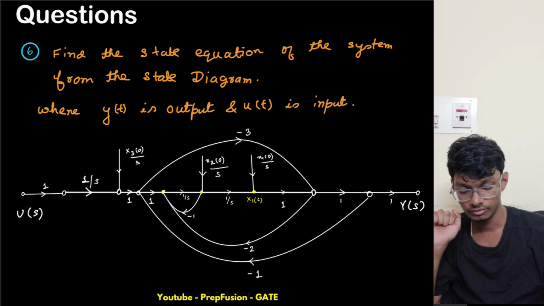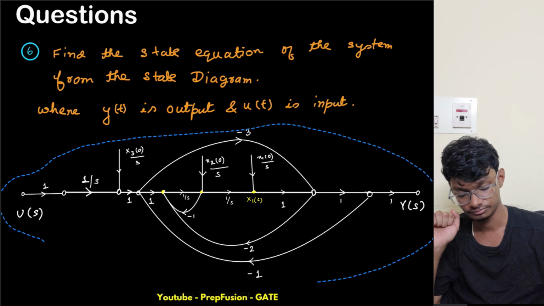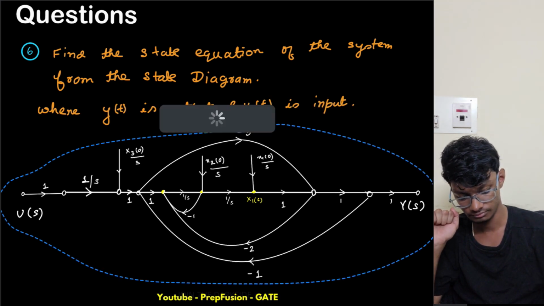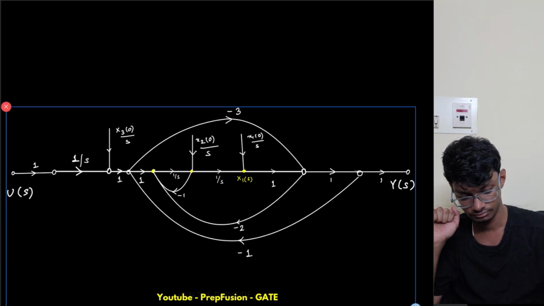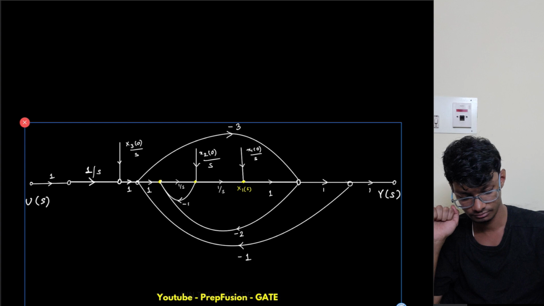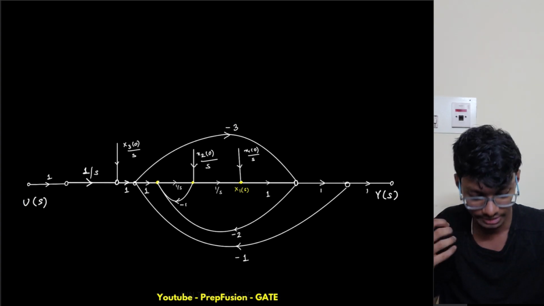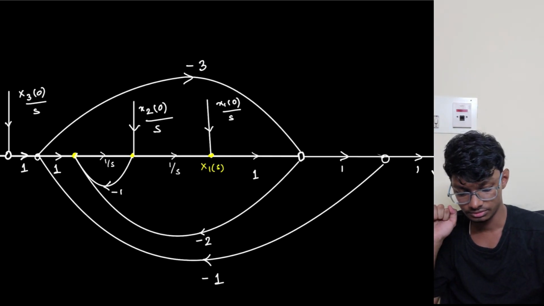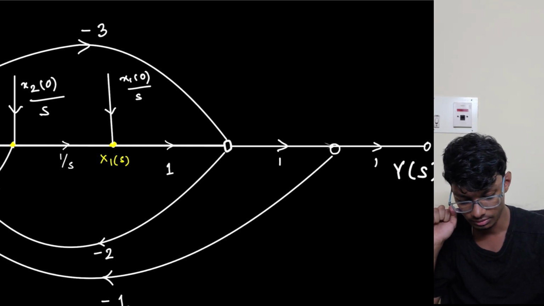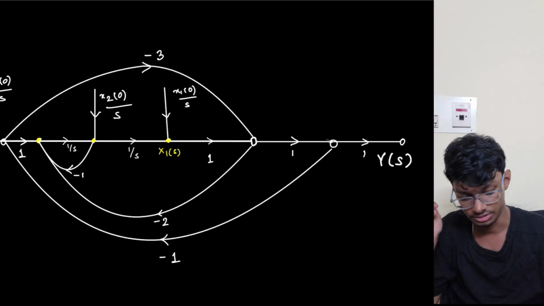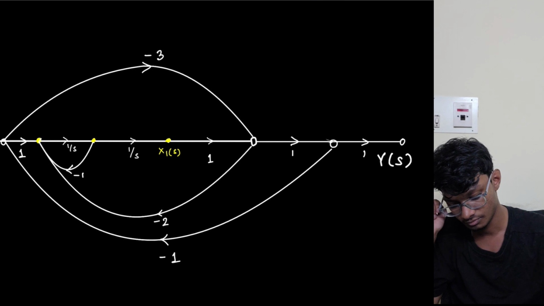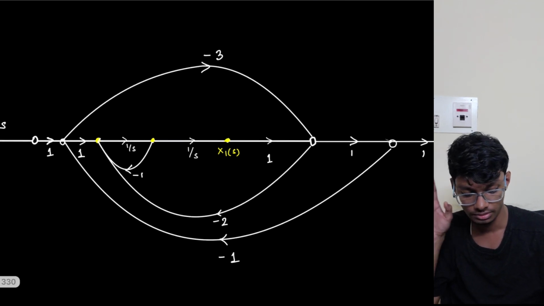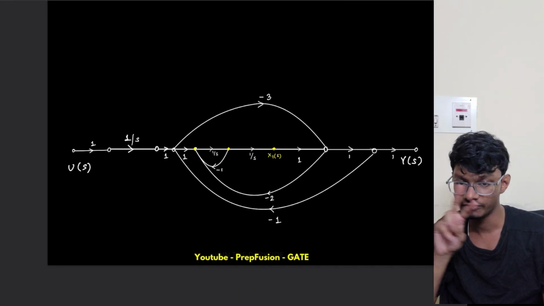First thing I will do is copy this state diagram. Here obviously I will remove the initial conditions. Also, we have three 1 by s terms.